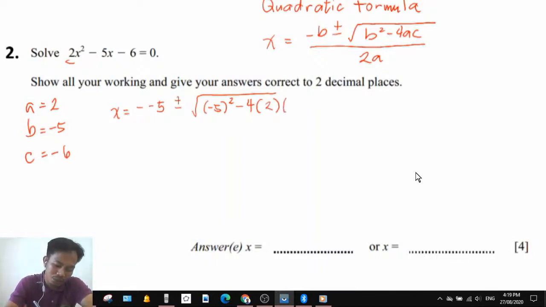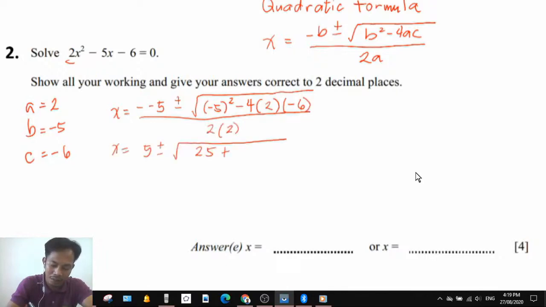Then I'll bring in 2 times the A, which is 2. I'll have now x is equivalent to positive 5 plus or minus square root of negative 5 squared is 25 plus, because negative 4 times 2 is negative 8. Negative 8 times negative 6 is positive 48, divided by 4.